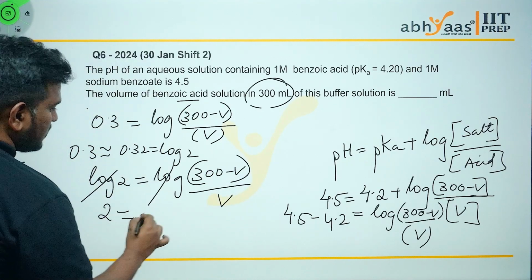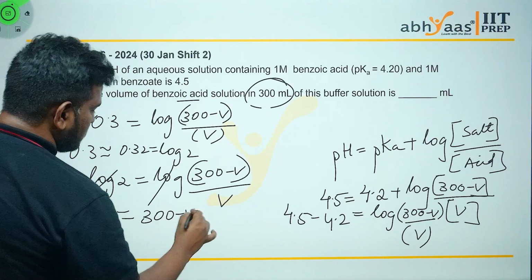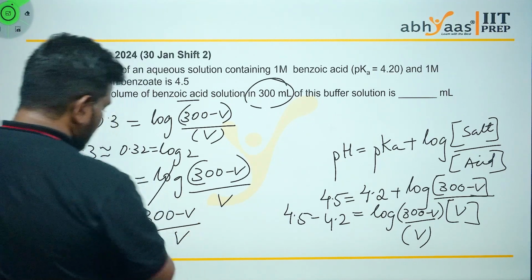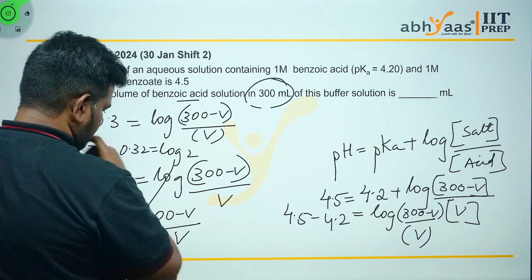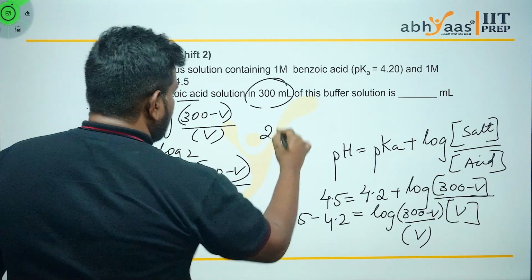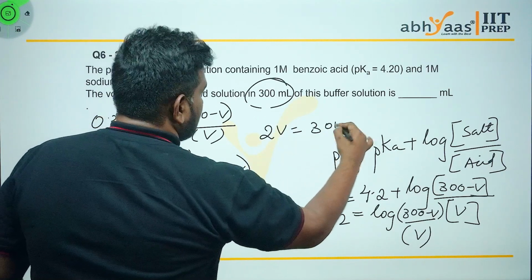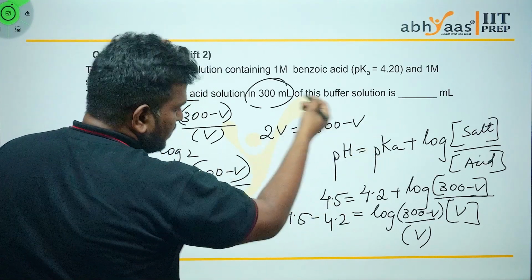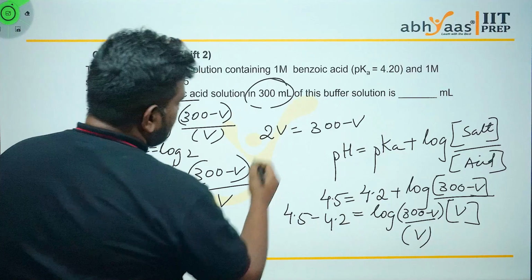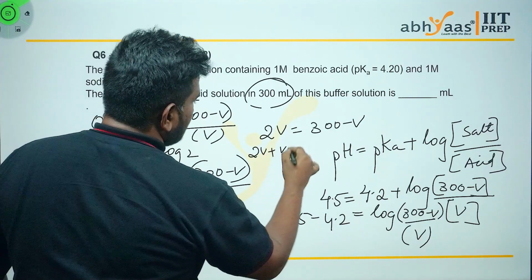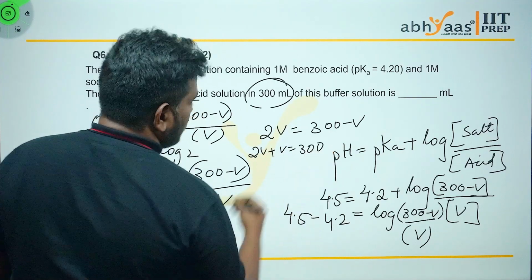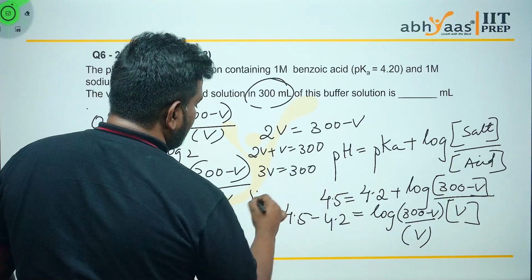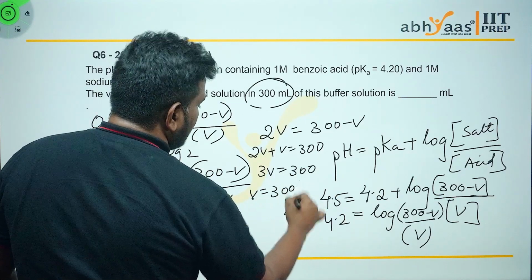So 2 is equal to 300 minus V by V. So 2V is equal to 300 minus V. Now I can bring this minus V to the left hand side. So it will become 2V plus V is equal to 300. So 3V is equal to 300 and V is equal to 300 by 3.